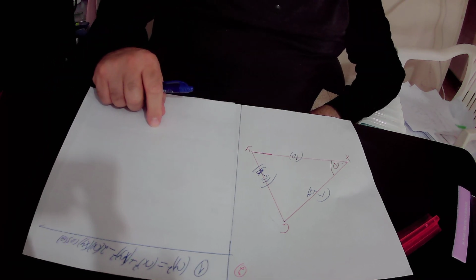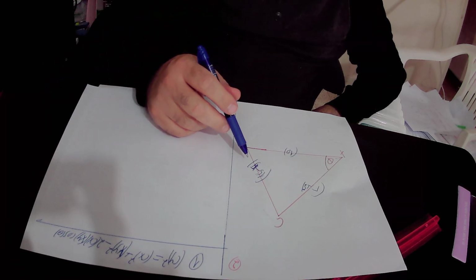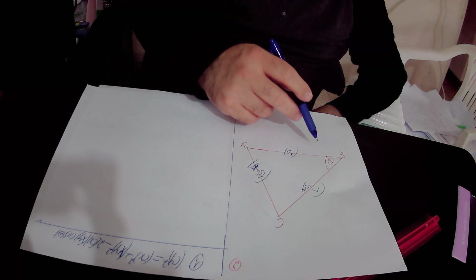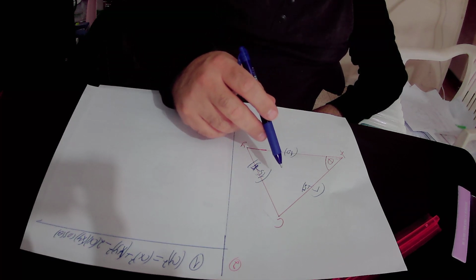Now we will substitute CY by 15 minus r, XY by 10, and CX by r plus 5.